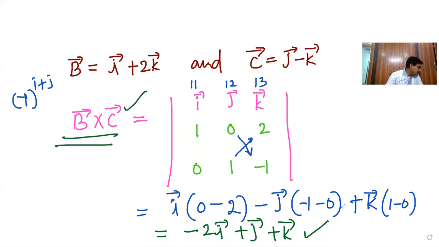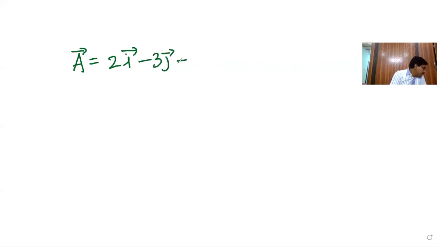Here, minus 2i bar plus j bar plus k bar. Okay, now we need a dot. A bar is how much, given? 2i bar minus 3j bar plus 7k bar.